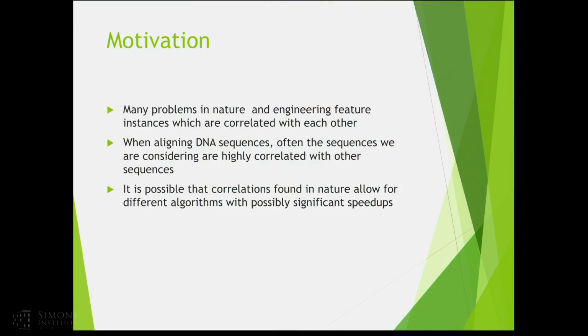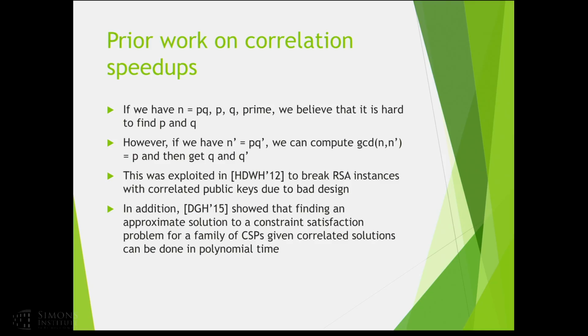And so the idea is it might be possible to use these correlations to get speed-ups over when you don't have these correlations. So let's look at some examples of what's been done with correlations before.